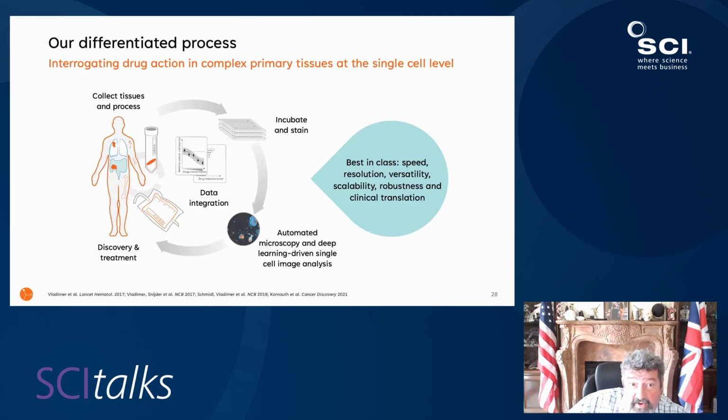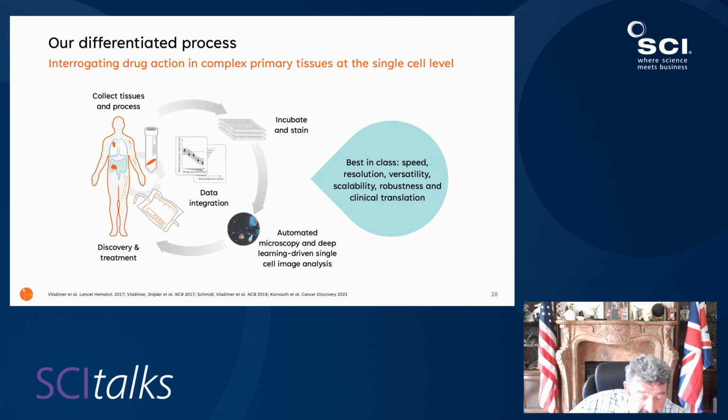So our primary approach is to interrogate drug action to measure the effects of a compound in complex primary tissues. In the context of tumors, this could be the cancer itself and the stroma, the tumor microenvironment around it.